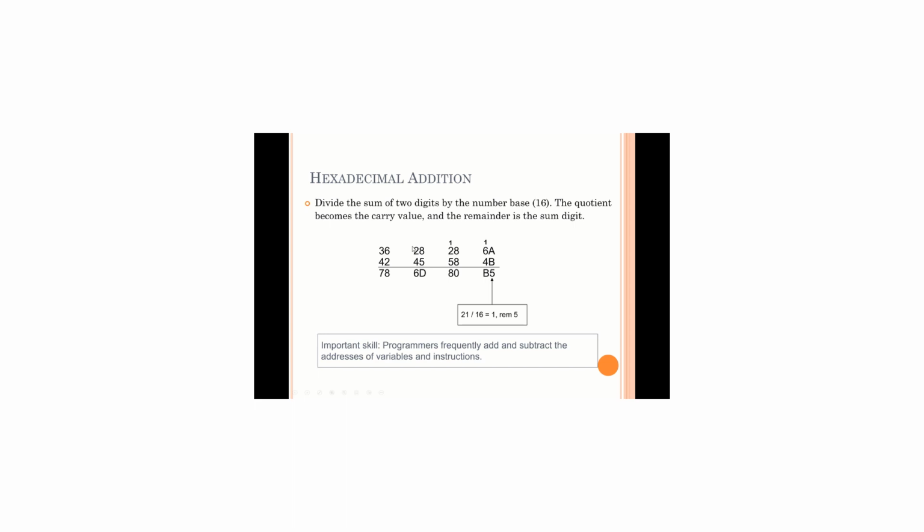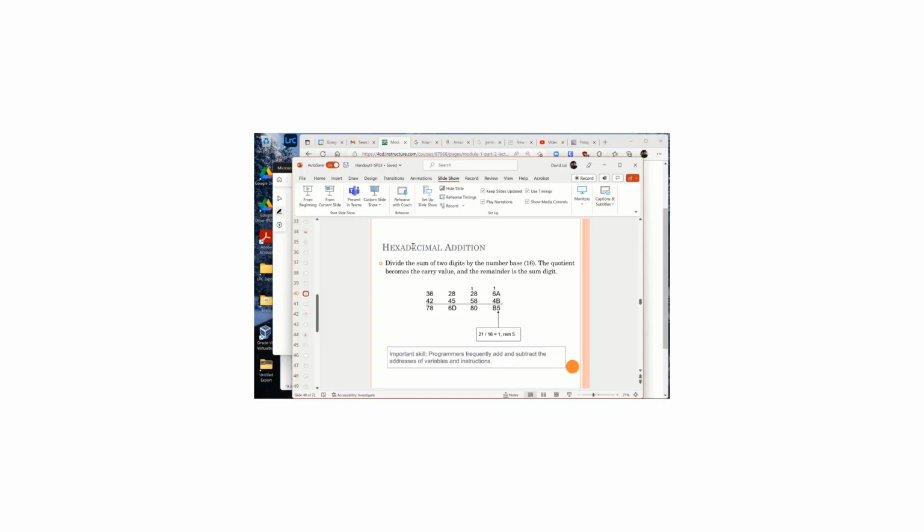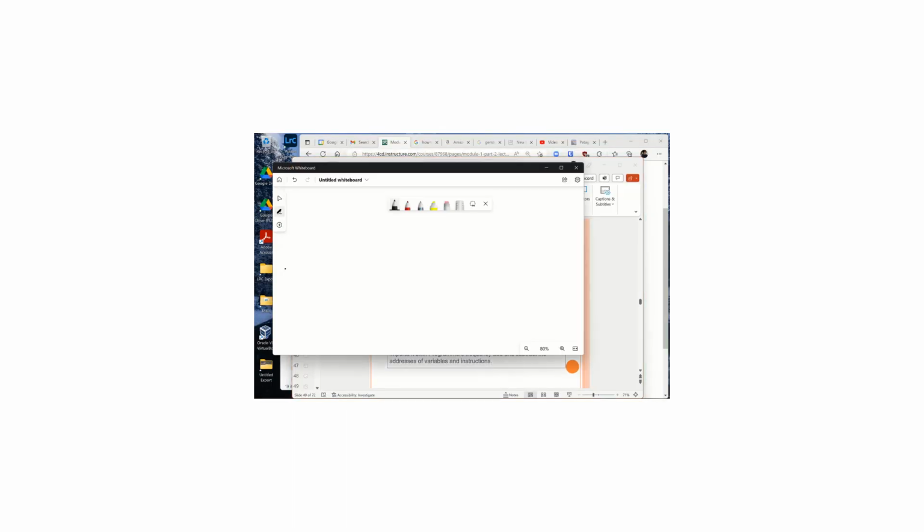So let me illustrate what I mean here. Let's say we have an address AB12FC. In here we have 4 bytes, 32 bits, right?